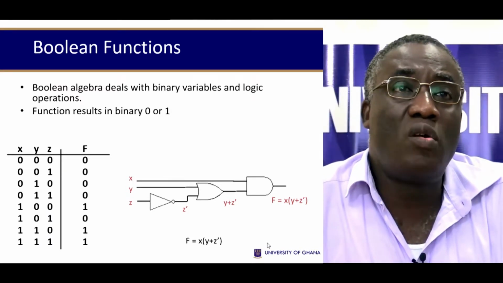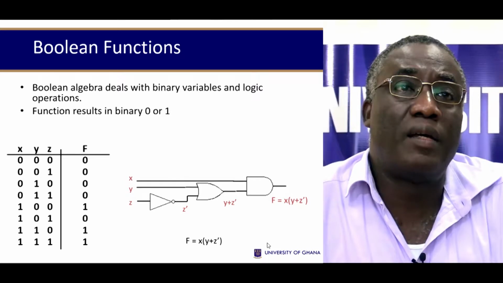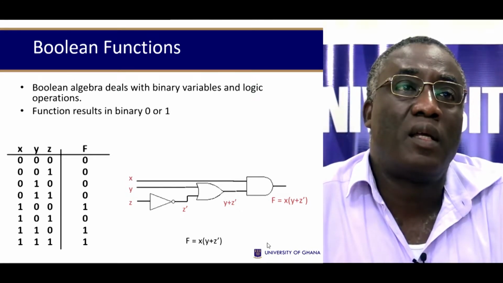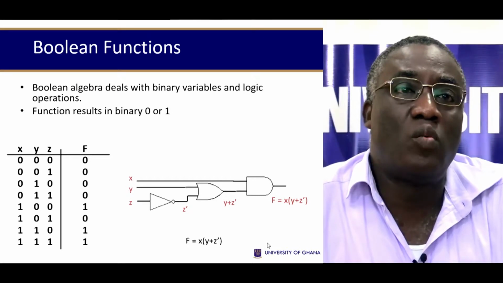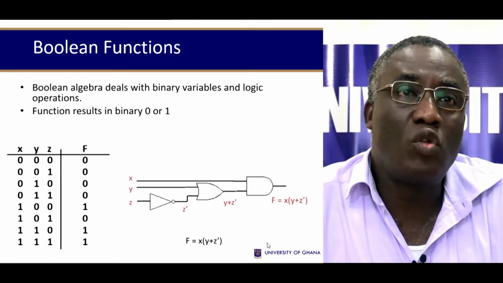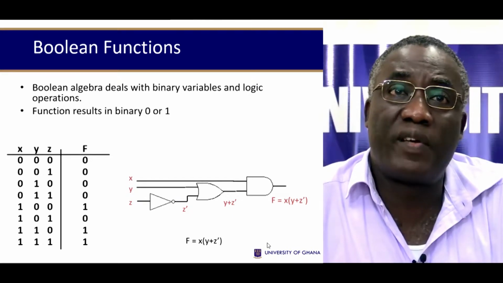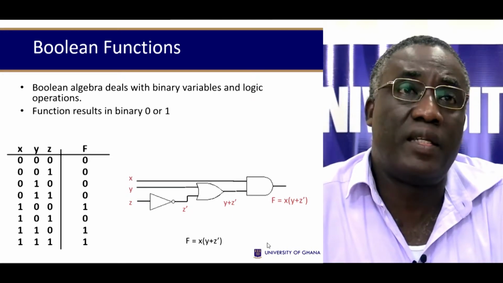We know that we only get an output of 1 in 3 circumstances: when x is 1 and y is 0, z is 0, and then when x and y are 1 and z is 0, and then when all 3 inputs are 1. So a circuit that will do this function is shown on the side.